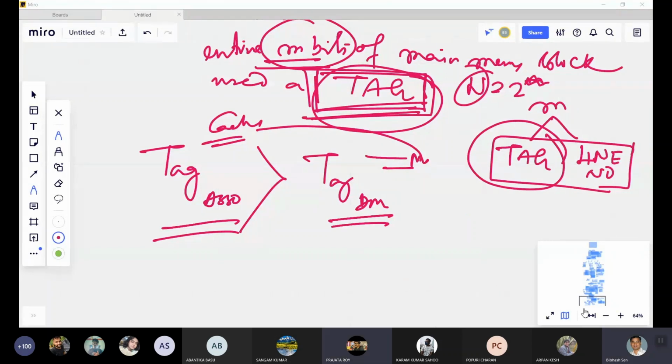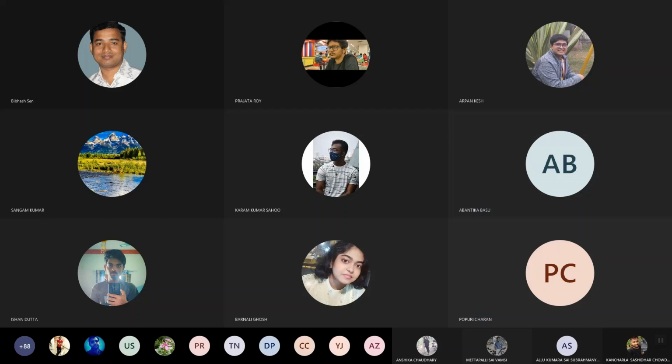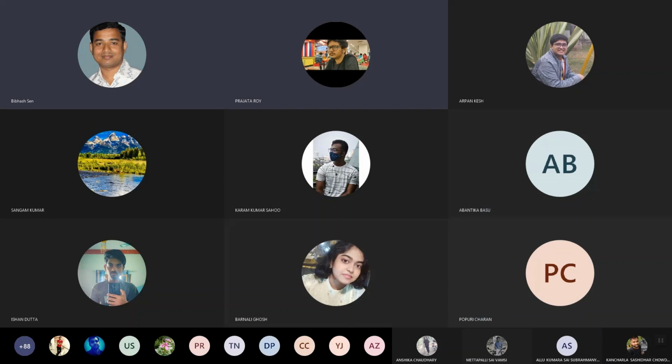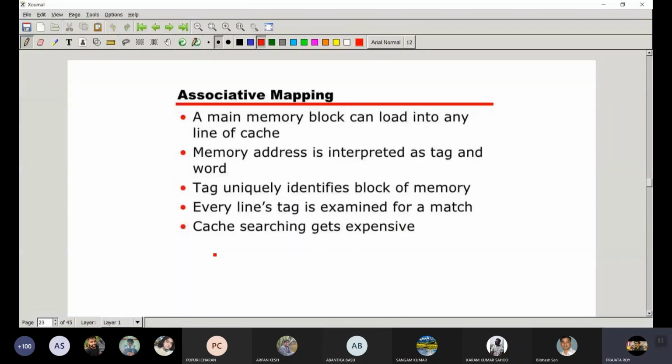Then it may give an advantage. Yes, sir, it will give an advantage in the sense that it's more specific, for the associative mapping to happen faster.